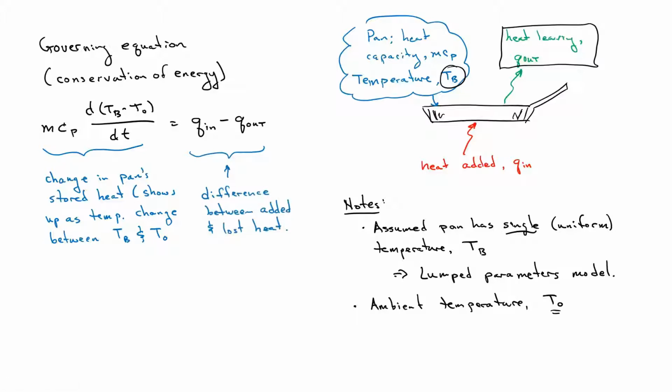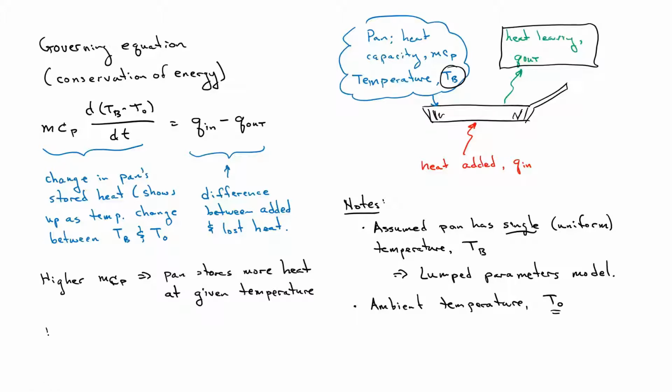So if I add heat to the pan that I'm not radiating out to the environment, the pan temperature is going to go up. I don't want to get into much detail about deriving this equation or solving it, but I do want to mention a couple of things that this equation tells you. If the heat capacity, m c sub p, gets higher, that means the pan can store more energy at a given temperature.